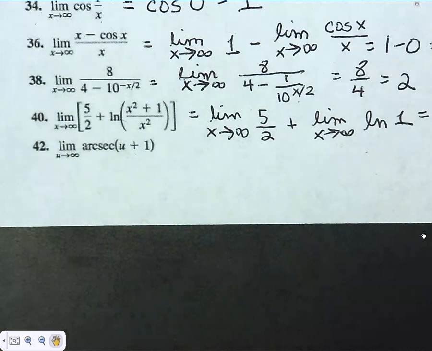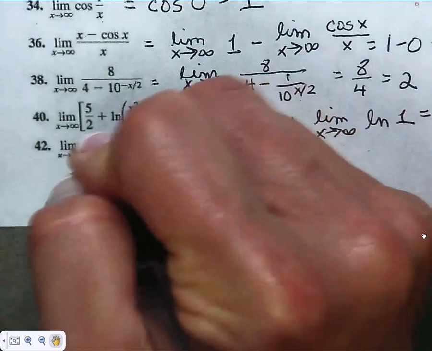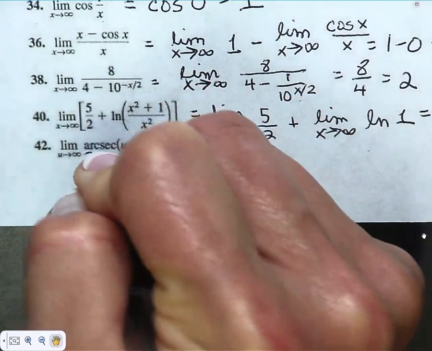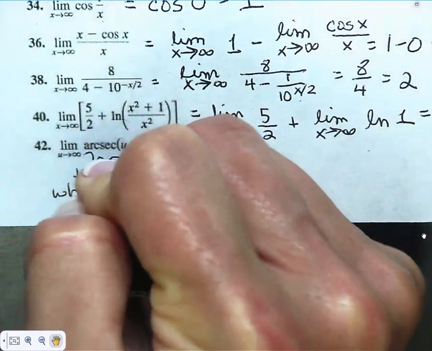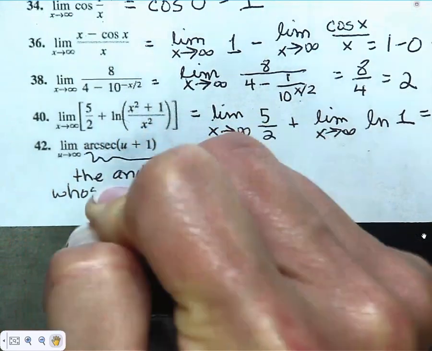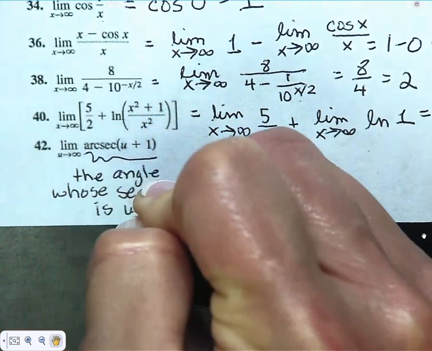Arcsecant and arccosecant just kind of throw me. If arcsecant of u plus 1 is the angle whose secant is u plus 1, right? That's what this means. The angle whose secant is u plus 1.